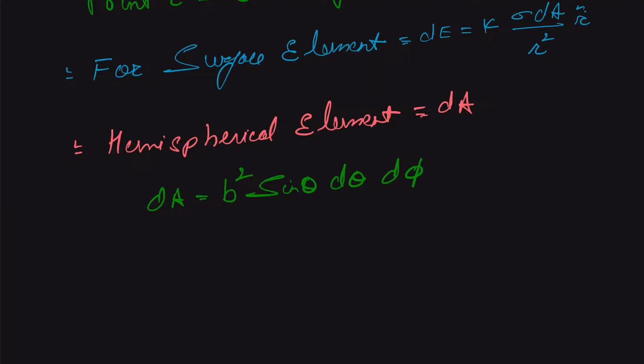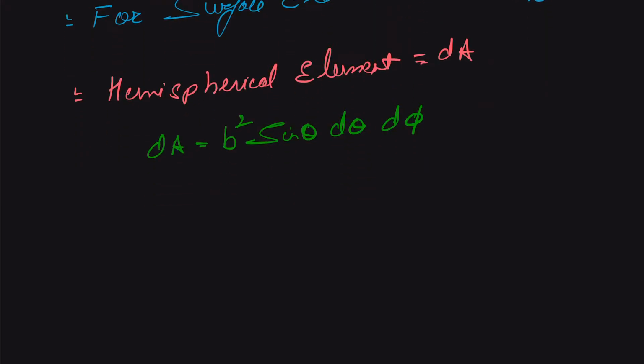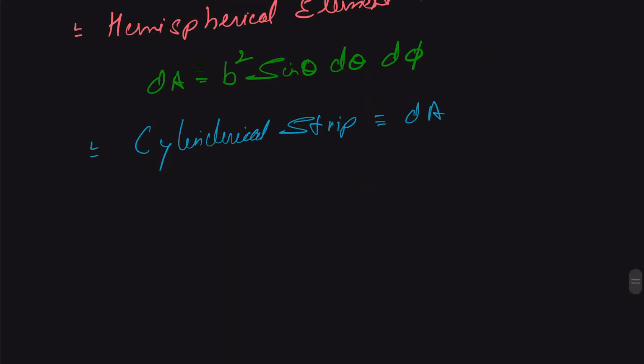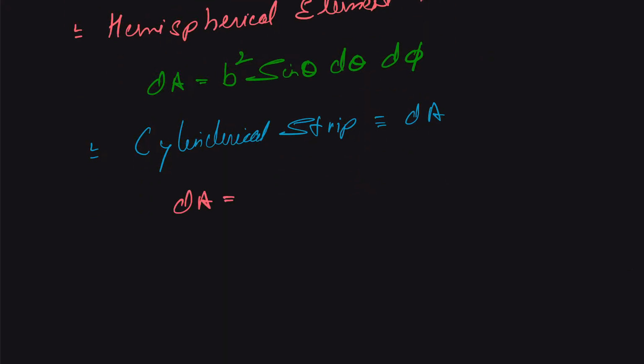Similarly, we can do it for our cylindrical strip, and in that case the small area dA will be equal to b d phi times b secant square theta d theta.